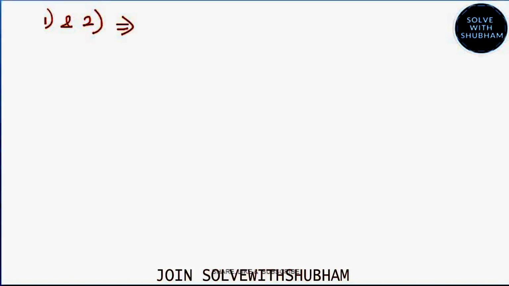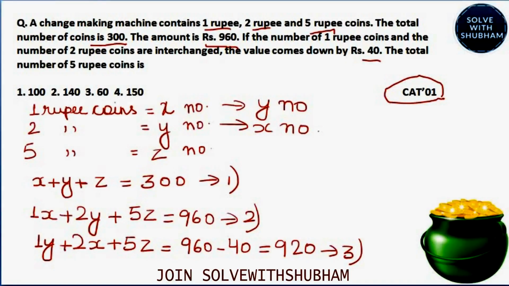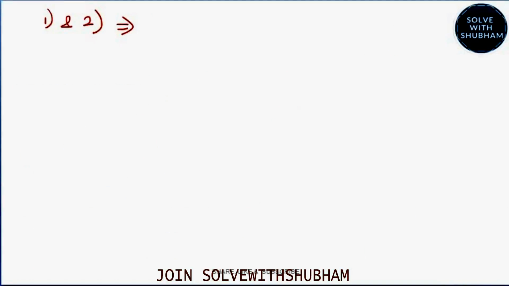Now, solving equation number 1 and equation number 2, what do we get? When you look at equation number 1 and equation number 2, we can subtract them and get another equation. Let us subtract equation number 2 minus equation 1.